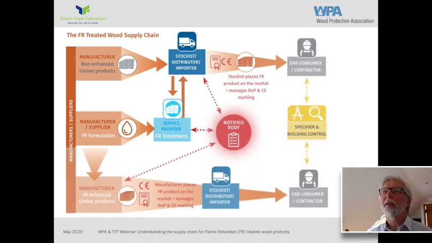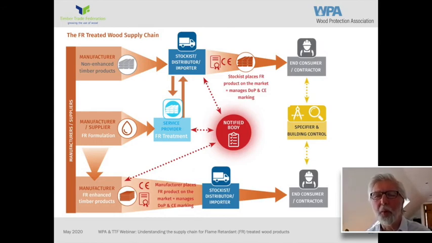Once that is done, the stockist distributor importer is then entitled to CE mark the product, or possibly change the CE mark if it had a CE mark when they first received it, and issue an enhanced declaration of performance that shows the enhanced fire performance of the product.